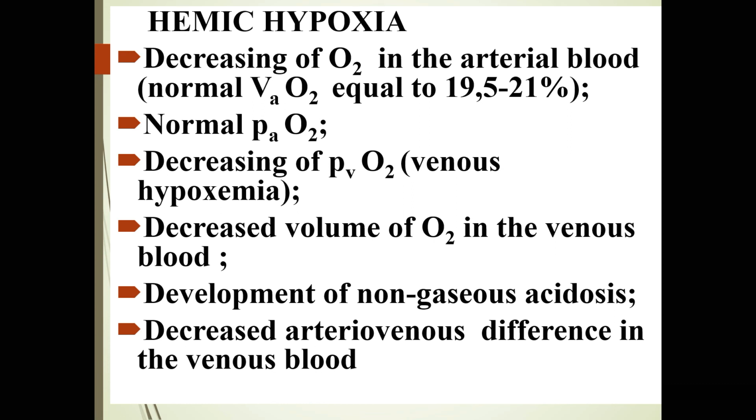Under the influence of methemoglobin, hemic hypoxia is created. Methemoglobin forms, for example, if hemoglobin connects with nitro compounds, amino compounds, dyes, oxidizing agents and drugs.